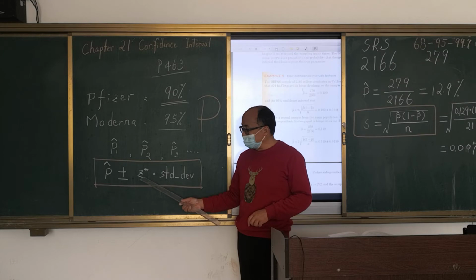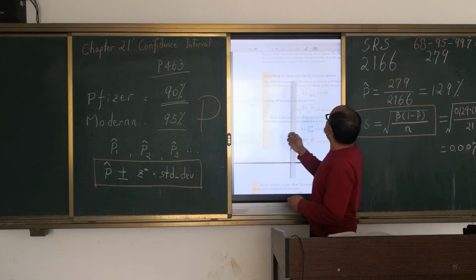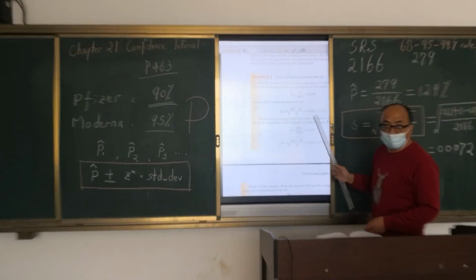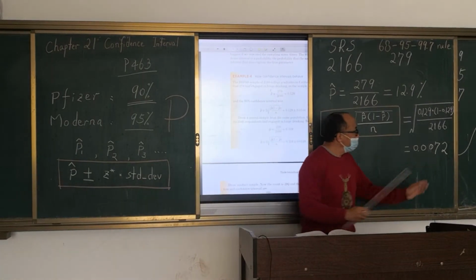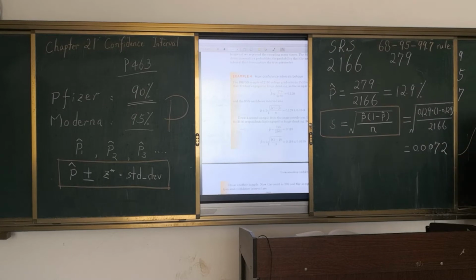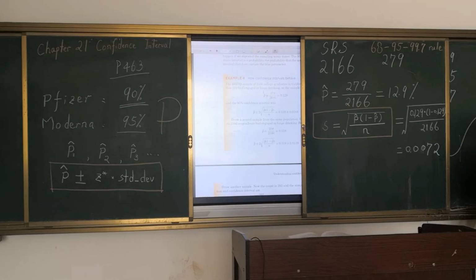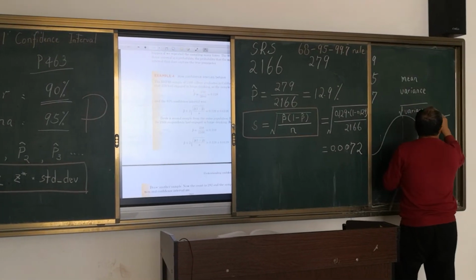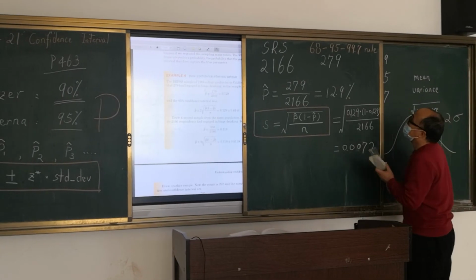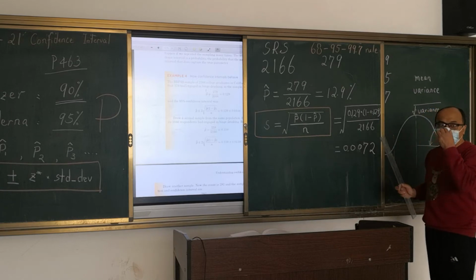I remember this is how the book presents it. Anyway, the z for 95% confidence is 2, okay?